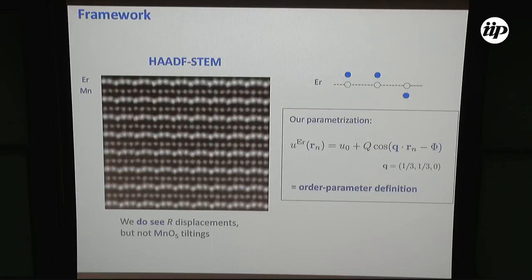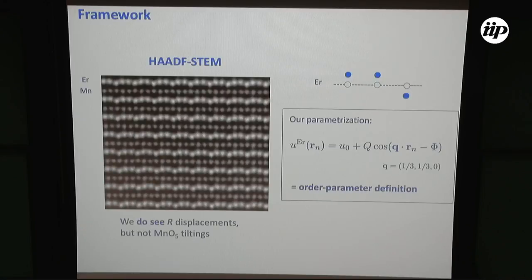In this type of experiments, we see the heavy atoms, the manganese here in this line, also the rare earth, and as you can see, the rare earth atom displays this type of pattern. One atom is going up, the second up, and then down, so a pattern like this. But here we don't see the oxygen atoms, and therefore we cannot see this rotation of the bipyramids.